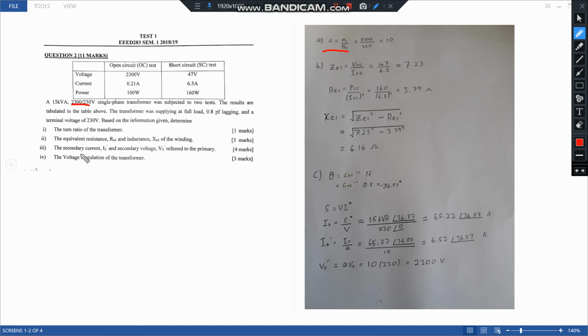For question 2, the equivalent resistance RE and inductance SE1. First we need to find the ZE1.